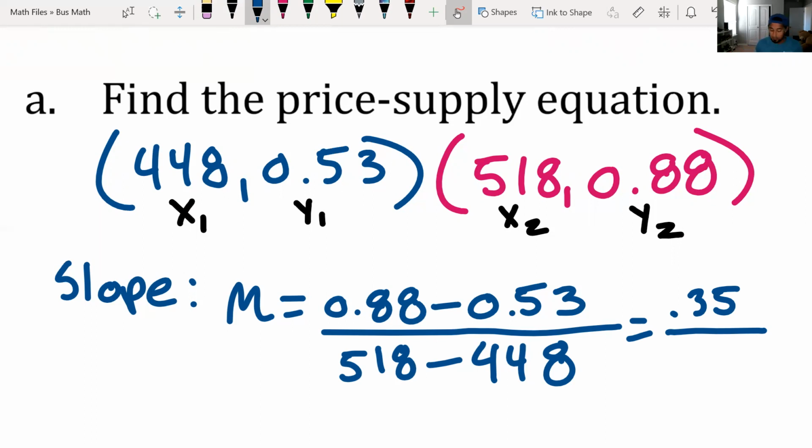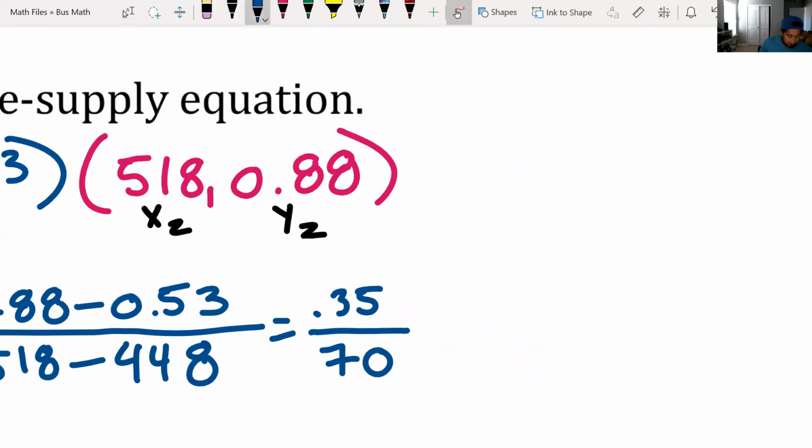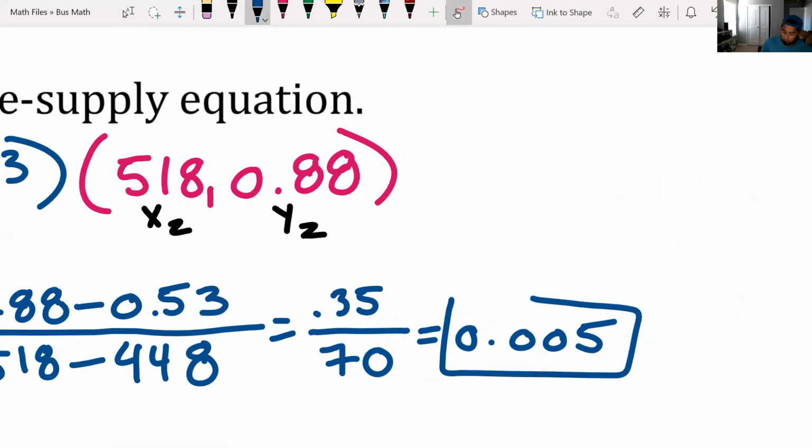And 518 minus 448 is 70. And now 0.35 divided by 70 gives me a slope of 0.005. There's our slope. And now we must find our equation.